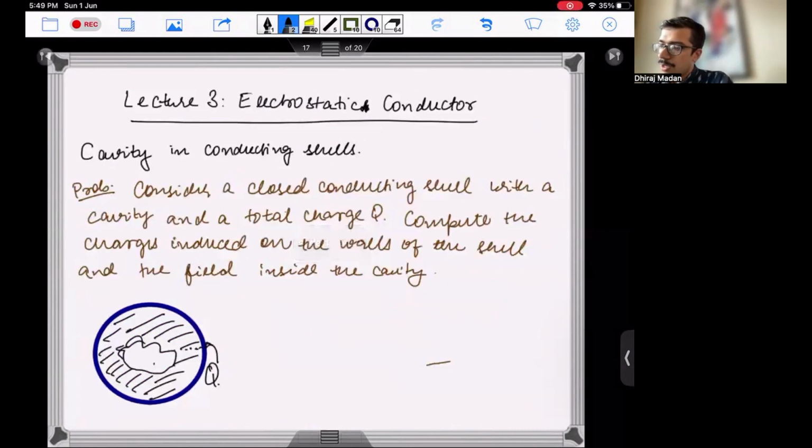So these are the charges induced. And inside the cavity, you can apply Gauss law and check that the net field is going to be 0.